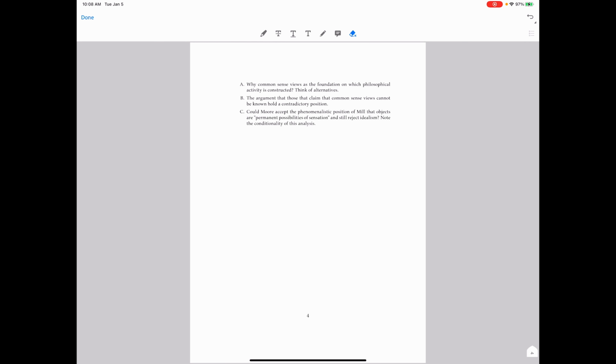Could Moore accept, is there room in between the realism that Moore was defending and the idealism he's rejecting, so that in the home of the realists is the phenomenalistic position of John Stuart Mill? On the surface, it sounds like Mill's phenomenalism, where you identify material object statements in terms of something having to do with sensations, sounds a lot like Berkeley. Berkeley identified material object statements with sensations and ideas. Mill doesn't quite go that far. He instead talks about permanent possibilities of sensation.